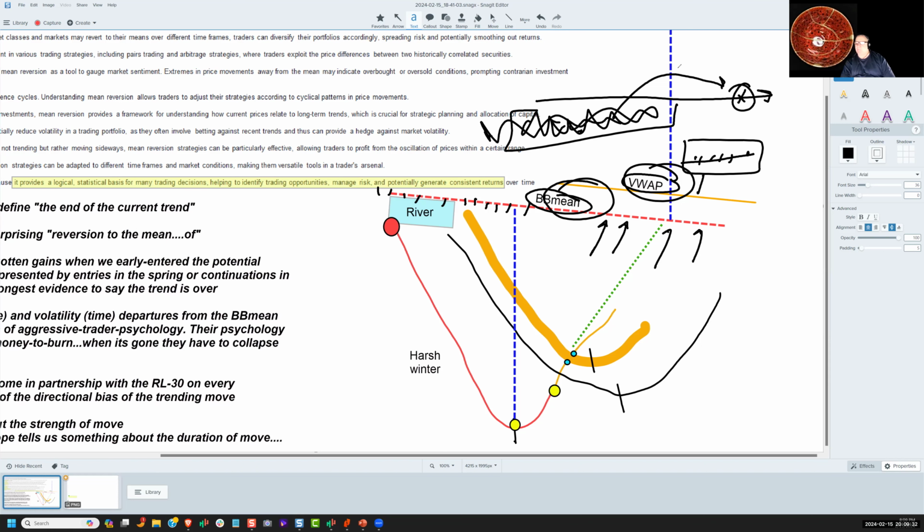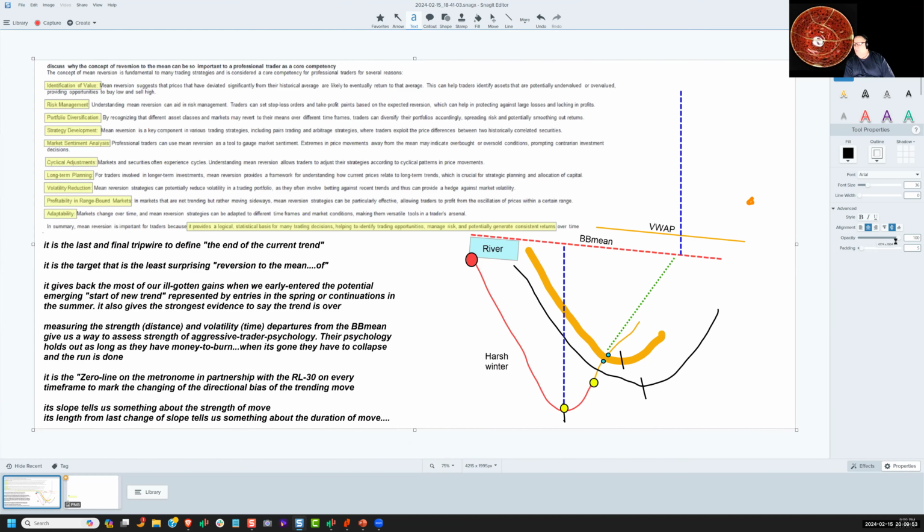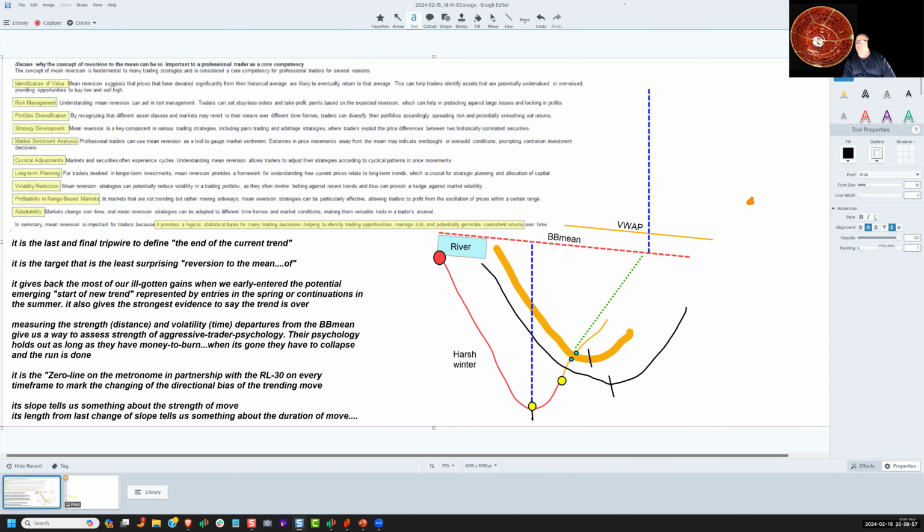What you'll see is something like this, where the VWAP, maybe this is where it closed. Let me draw that a little better. Give us a little more room here. So from the start of the day, there might have been a gap.